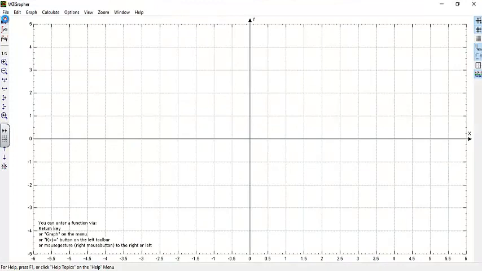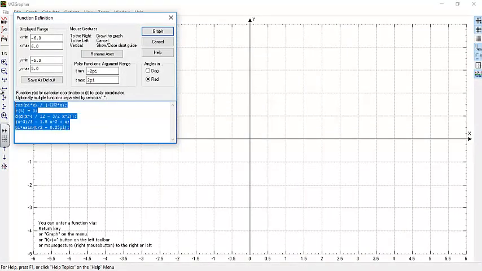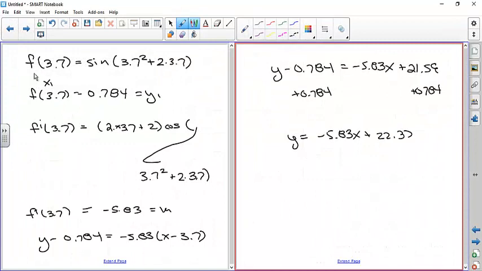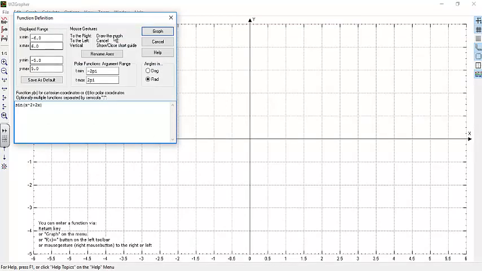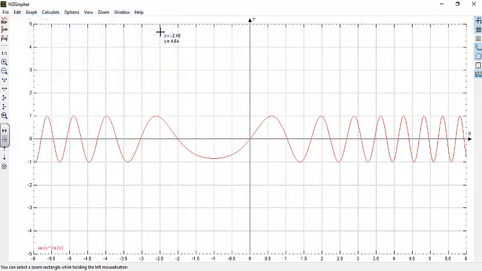Okay, so my original function was the sine of x squared plus 2x, I think. Let's see what that function looks like before we go any further. So we graph that. So it looks like that. That's an interesting curve, isn't it? So let's zoom out in the x direction, see what it looks like.